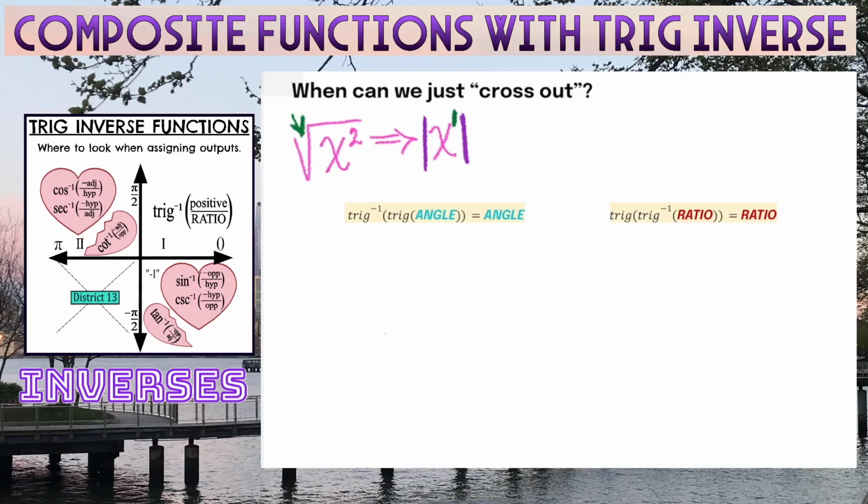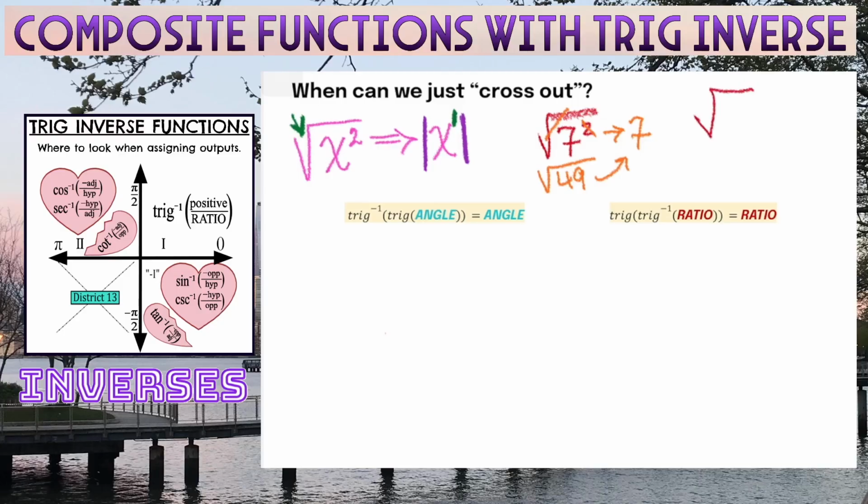So how does that tie into this conversation, trig and trig inverse? Well, if I took the square root of something like 7 squared, people are like, okay, I just want to cross out and I get 7. And is that true? It is true, because 7 squared is 49, and the square root of 49 is in fact 7.